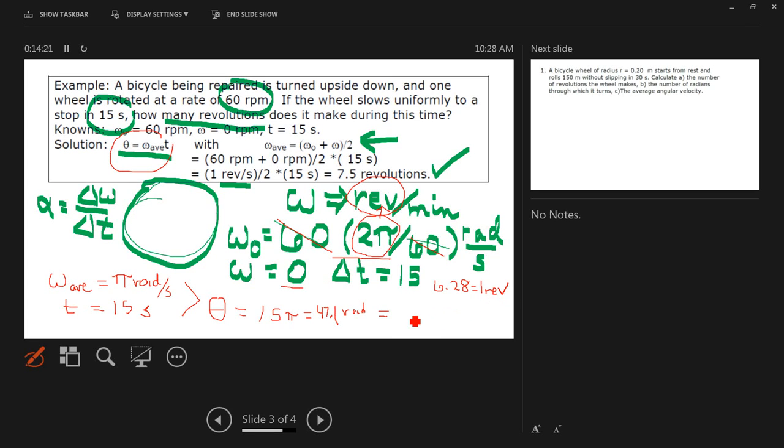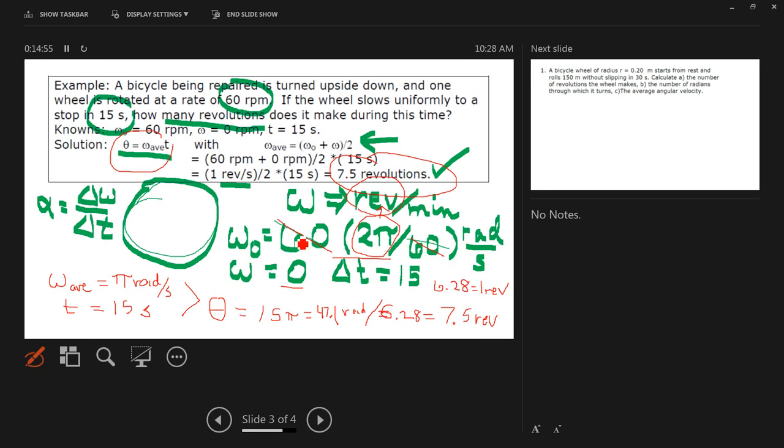So if we were to divide 47.1 radians by 6.28, that would convert it into the number of revolutions, and we get 7.5 revolutions. Oh, there we go. So we knew that already because it's up here in the answer. Solved the other way.